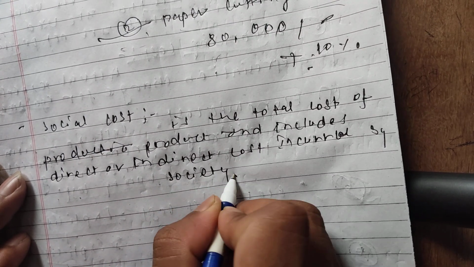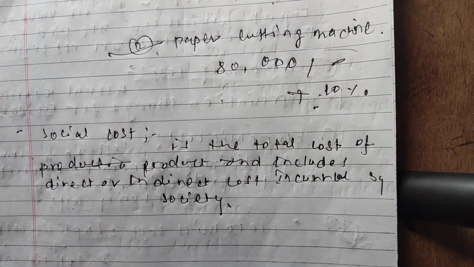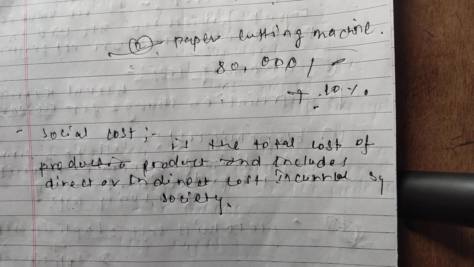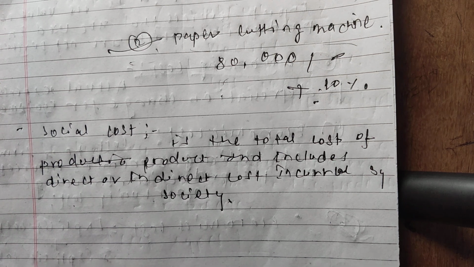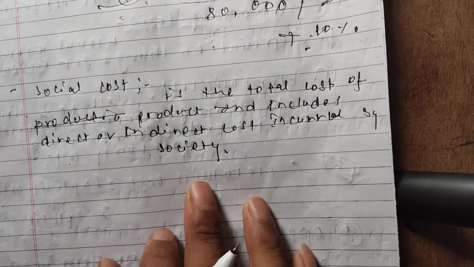When we run a company, we have different types of wasted resources, like fertilizer destroying things. It produces many types of gases and pollution, and all of these are direct or indirect costs to society.